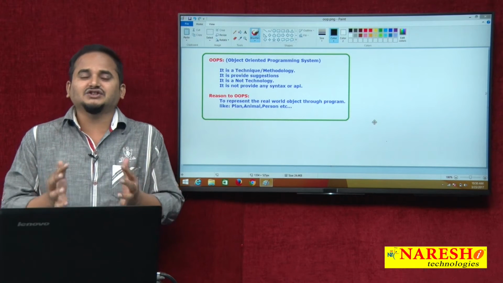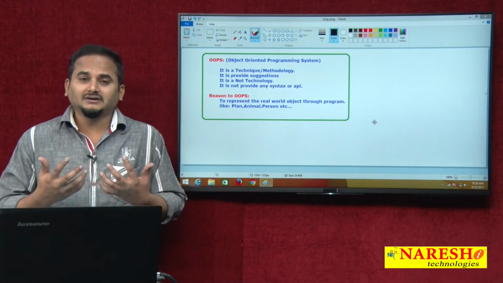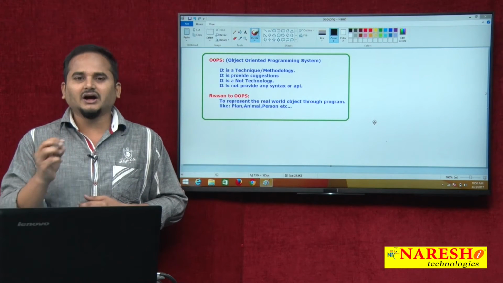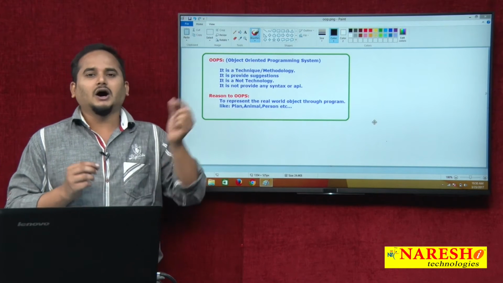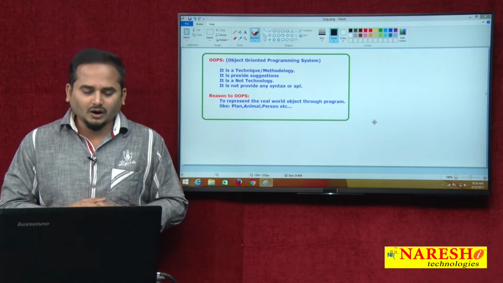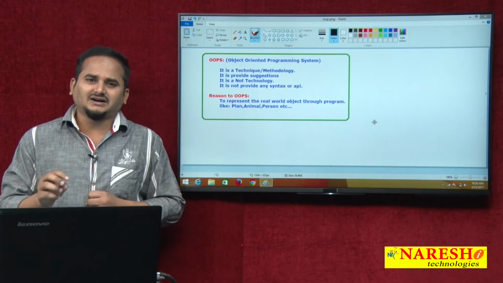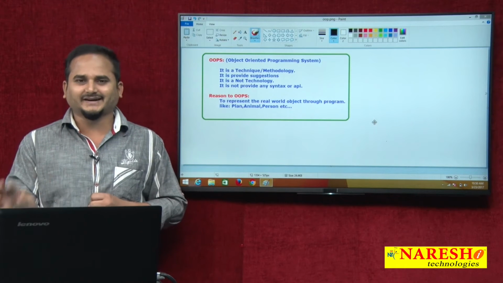With the help of these methodologies only, we can develop the technology. That methodology we can call object oriented programming system. Basically, object oriented programming system is not a technology, it is only a technique.